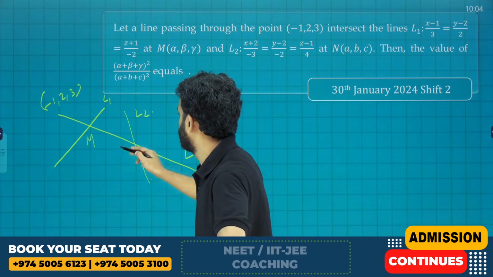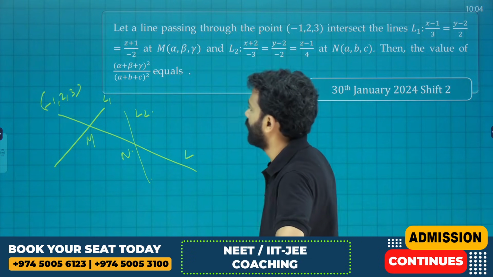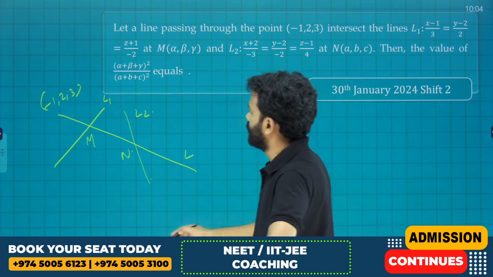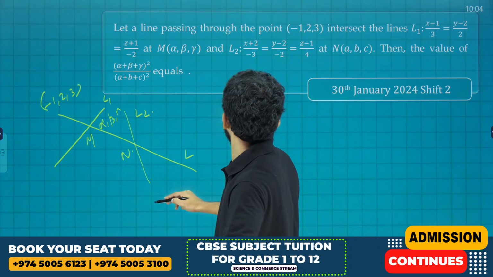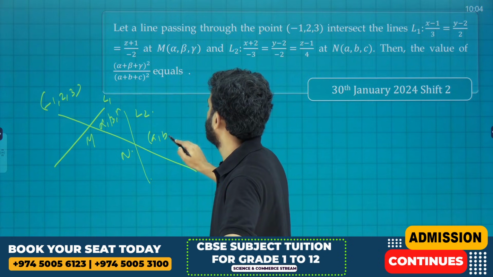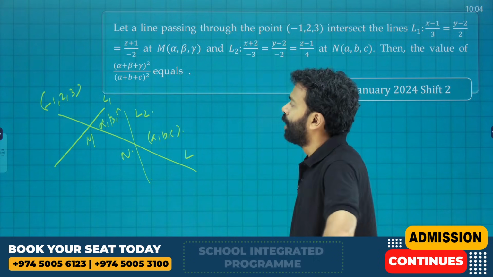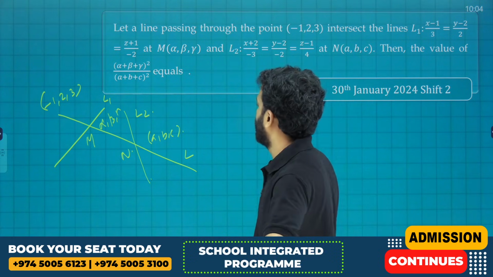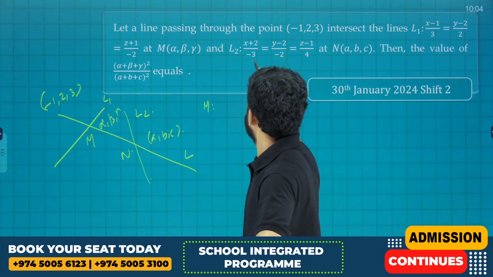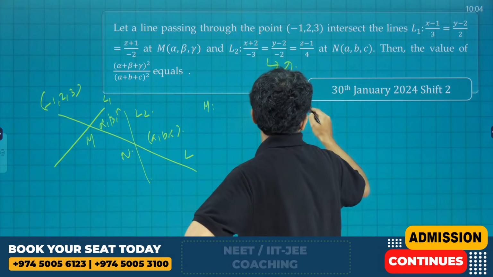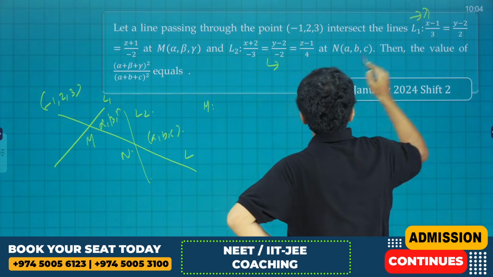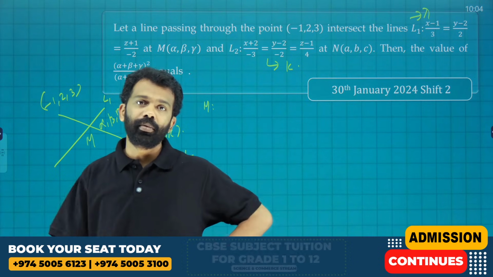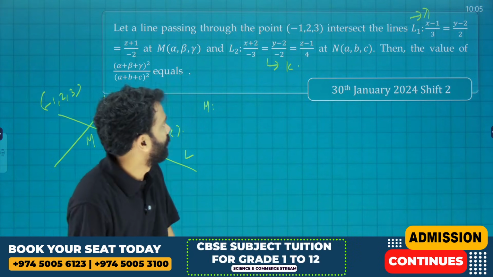Here the points can be taken as M and N. That is M is alpha, beta, gamma, and N is A, B, C. Okay, let's formulate. Using our parameters, one can be assigned as lambda and the other as k.